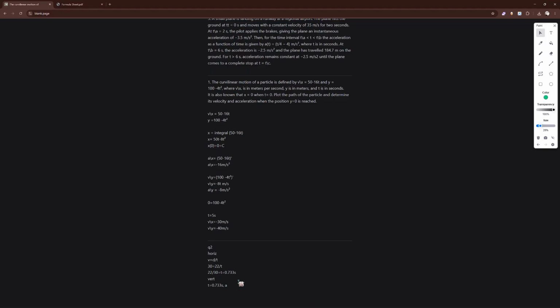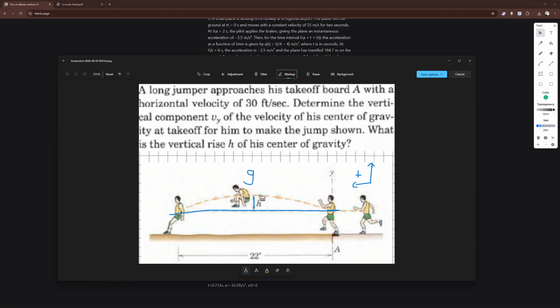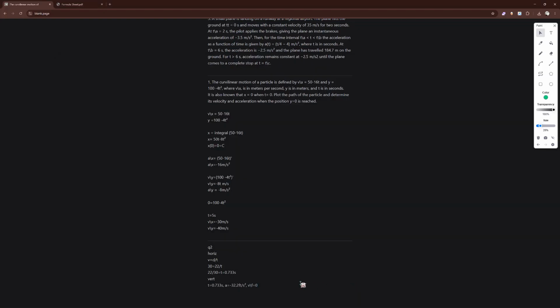We have a is equal to negative, and this is in feet, by the way, keep that in mind, 32.2 feet per second squared. And remember what was said in the theory video, VF is equal to 0. His velocity here is 0 at the peak of h. Keep that in mind.